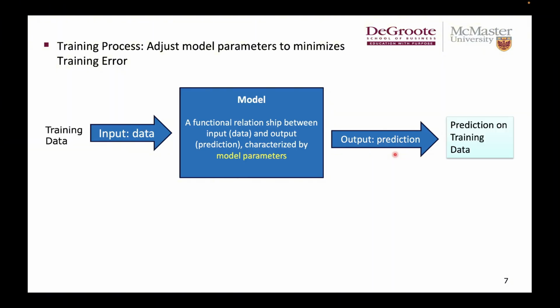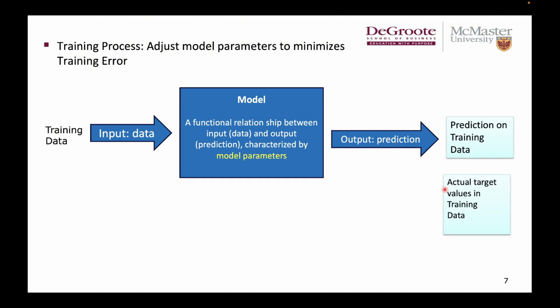So if we feed training data into the model, what we get as the output will be the prediction based on the training data. For all those patients in the training data, let's predict if they are going to show up or if they are likely not to show up, right?